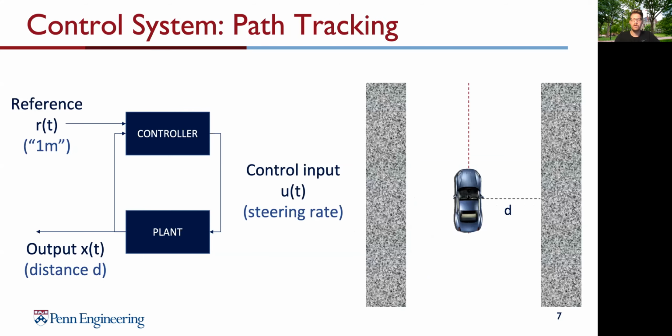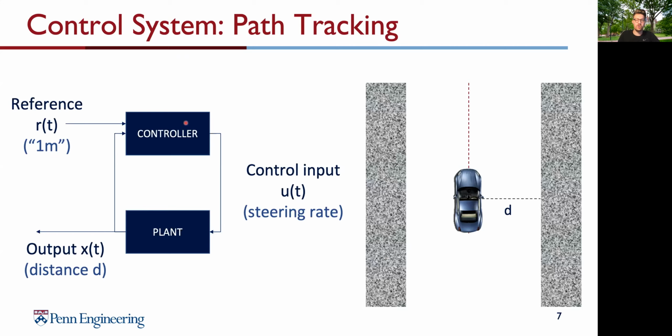And the same you can imagine when we're thinking about autonomous driving. In autonomous driving, we want our car to stick to a specific path, a specific way we define in advance. And what we are designing here is a control system. In this case, the control system has a reference signal r(t), which is like 1 meter.